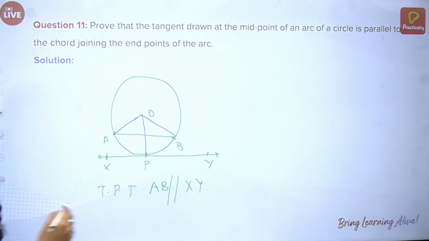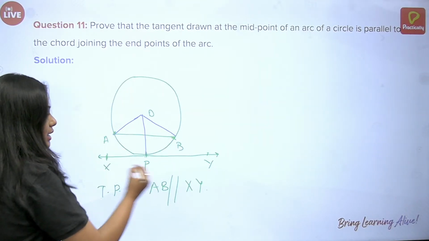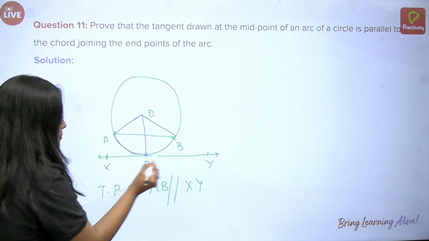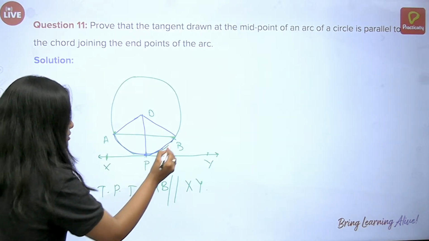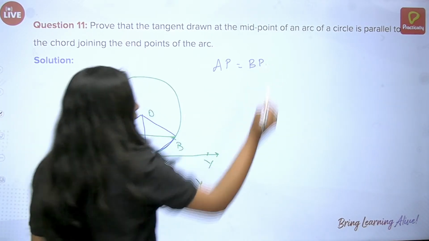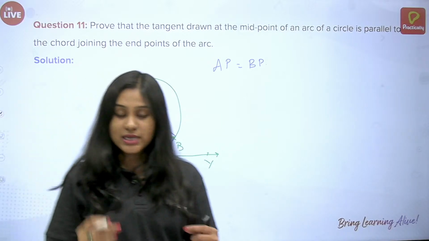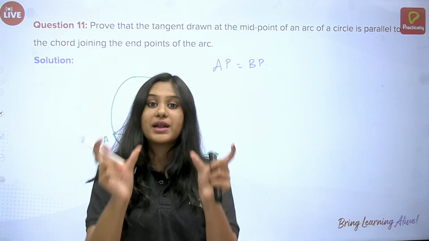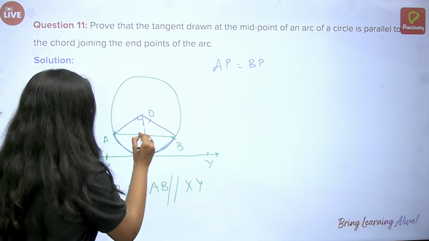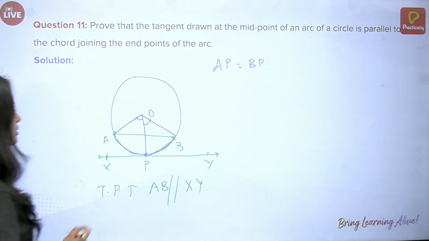Okay. Now if AB is the arc and P is the midpoint, then AP will be equal to BP, correct? So AP will be equal to BP. And in class 9, we have studied that equal arcs subtend equal angles at the center. So this angle will be equal to this angle, correct?